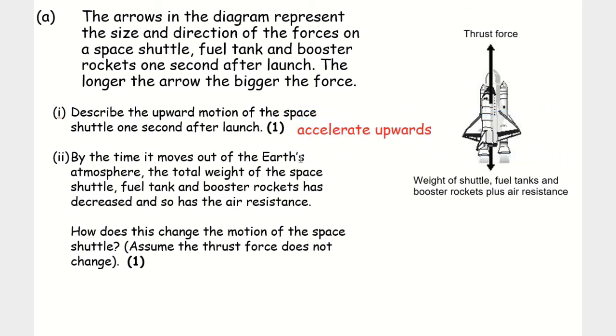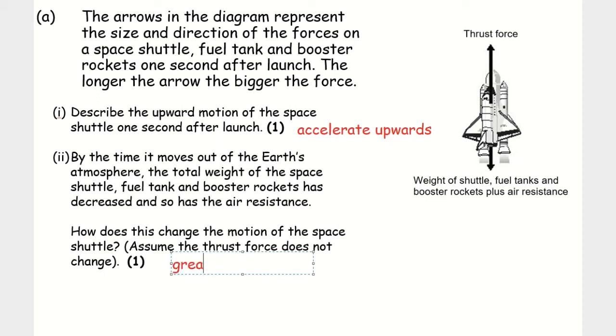By the time it moves out of the Earth's atmosphere, the total weight's gone down because you've burnt all that fuel, and the air resistance has gone down because you're into thinner and thinner atmosphere. How does this change the motion of the space shuttle? Assume the thrust force does not change. Well, if the thrust force stays the same and this force gradually decreases, that means that the resultant is going to be even greater upwards, which means you're going to accelerate even more upwards.